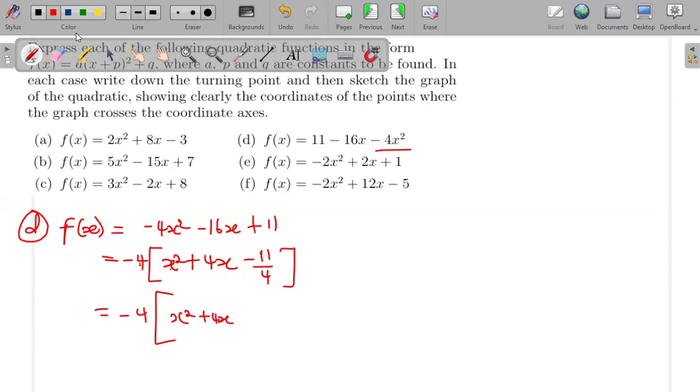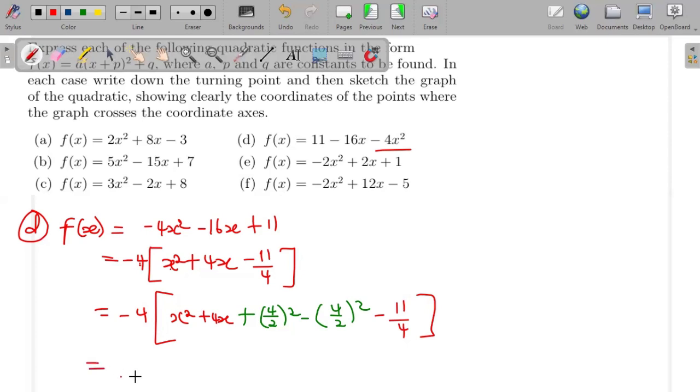Then after that, we write the special 0. So it will be plus, and then we get the coefficient of x, which is 4, divide it by 2, and then we square, minus the same thing. Okay, and then we continue with our minus 11 over 4.